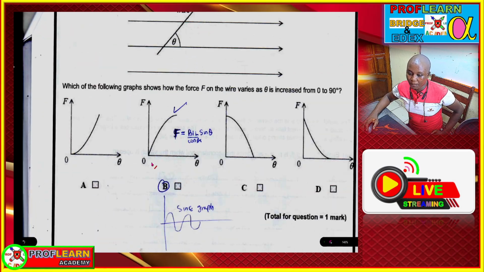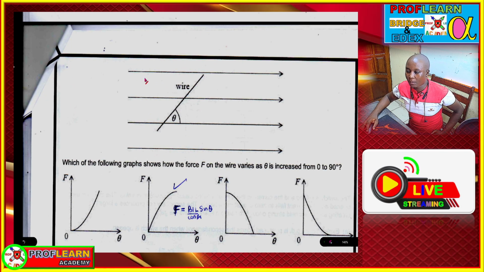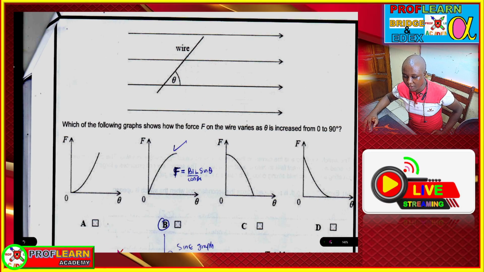Here we are given a conductor which is placed within the magnetic field, and then the examiner expected you to state which of the following graphs shows the force on the wire carrying current as theta increases from 0 to 90.